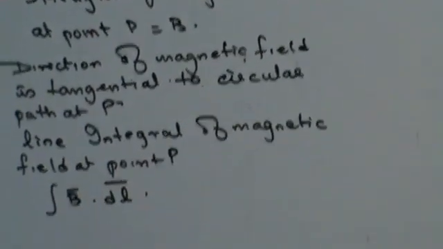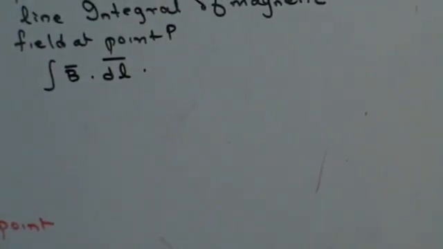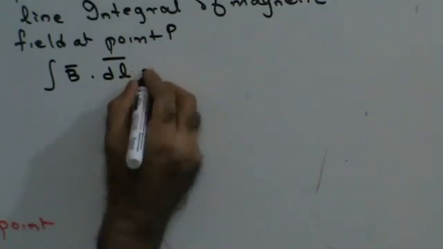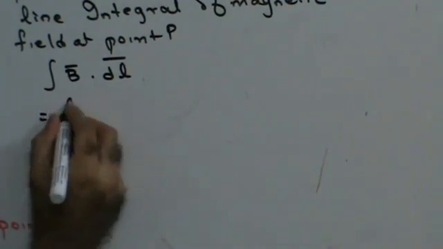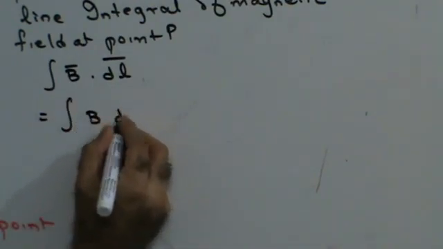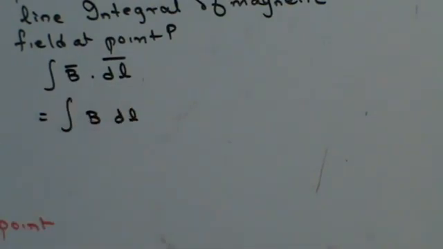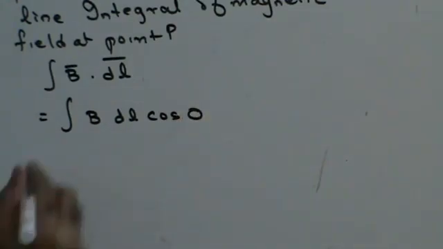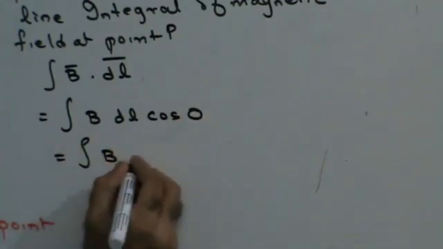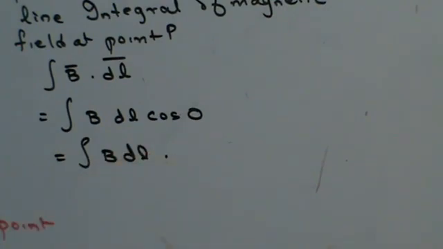The dot product of two vectors is the product of the magnitudes of the two vectors and the cos of the angle between them. So this is the integral of B dl cos of the angle, and the angle between B and dl is 0 degrees. Cos of 0 is 1, so this is the integral of B dl.